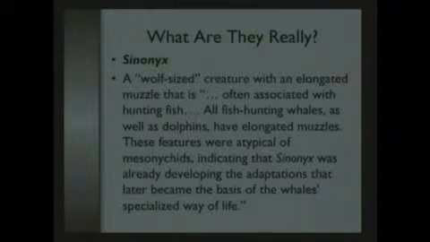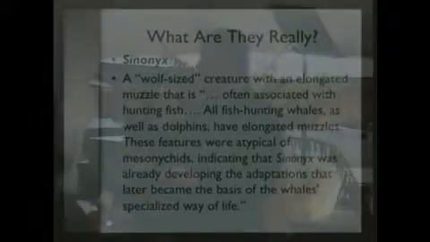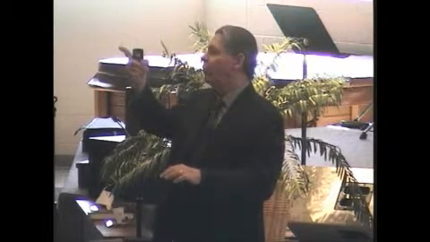These features were atypical of mesonychids, indicating that Sinonyx was already developing the adaptation that later became the basis of whales' specialized way of life. Now, we're going to see pictures of some of these as we go along here. And I want you to think now. We've got a four-legged animal with an elongated muzzle.